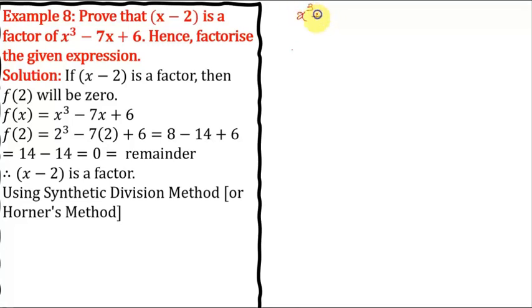Square term is not present there. Therefore, we will write here 0x square minus 7x plus 6, okay, is divided by x minus 2. Okay, we will find out the second factor by using synthetic division.